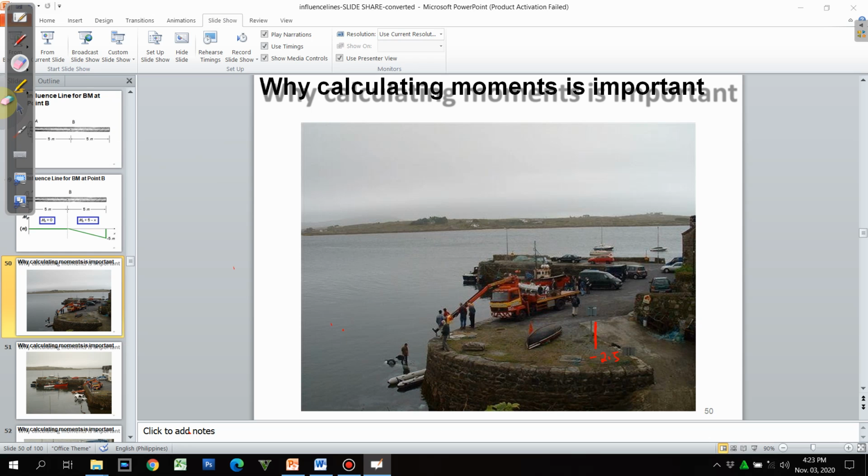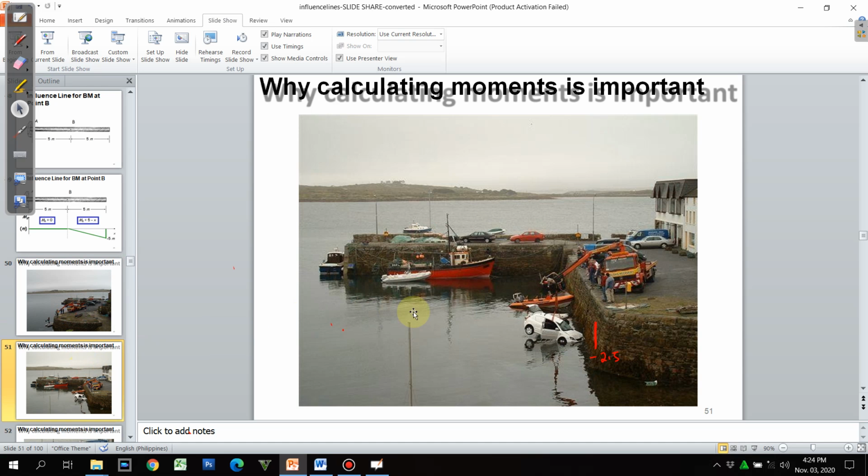As we can see in the picture, we have a truck recovering a certain thing there. Perhaps it is a vehicle that was submerged in this river, and then the truck started to lift that white vehicle there.